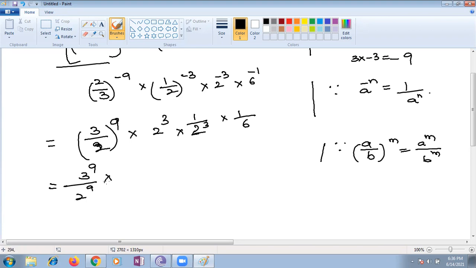Just observe what I'm doing, so that a little later you will understand. Multiplied with 1 by 2 cube here, 1 by 2 cube here. This is 1 by 6; 1 by 6 I'm writing as 2 into 3, children. Now here this 2 cube and 2 cube get cancelled. Here 3 power 1 means 3, and here 2 power nothing means 1.